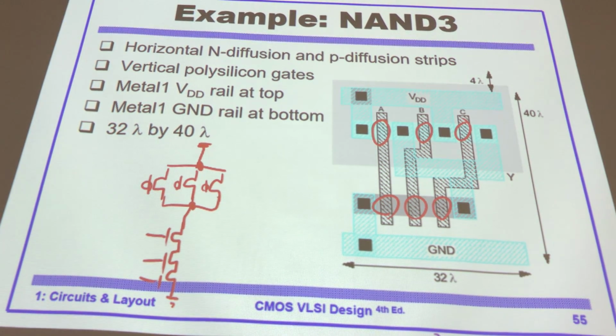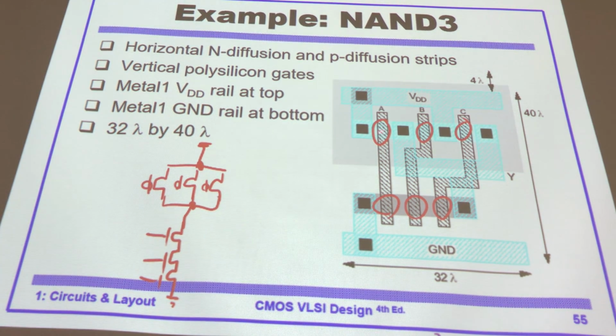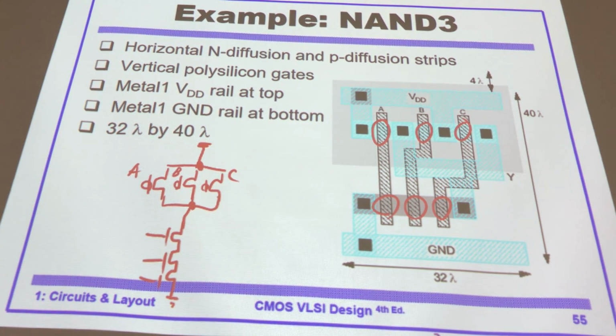Why are they all laid out like that? Okay, let's assume that this transistor is this one. Okay, is that fine? Let's call them A, B, C. Okay, ABC already there.